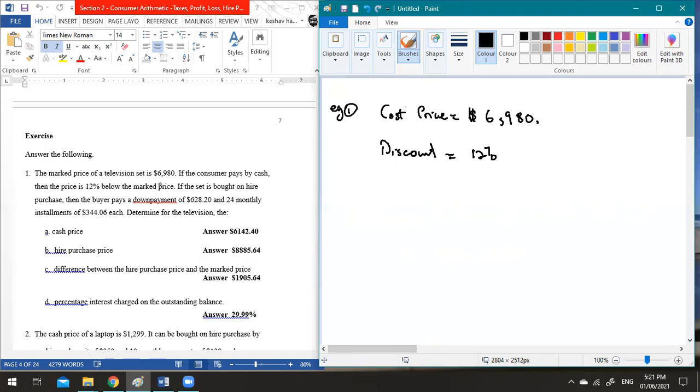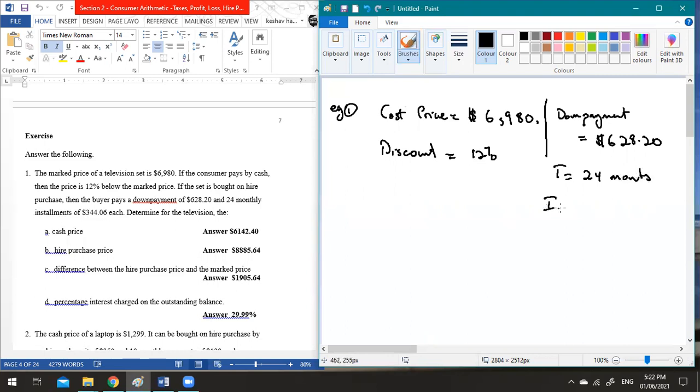Right? If this set is bought on hire purchase, then the buyer pays a down payment equal to $628.20. And the time is 24 months.